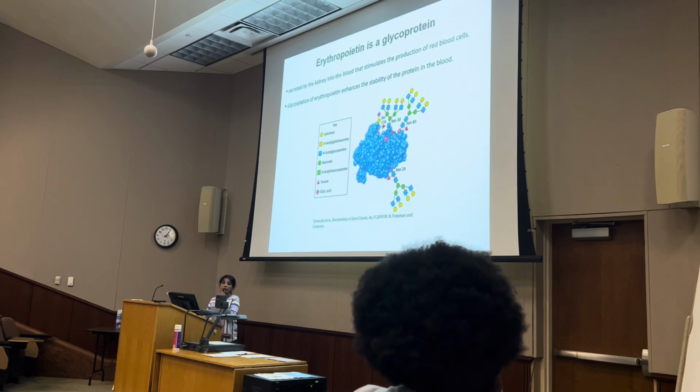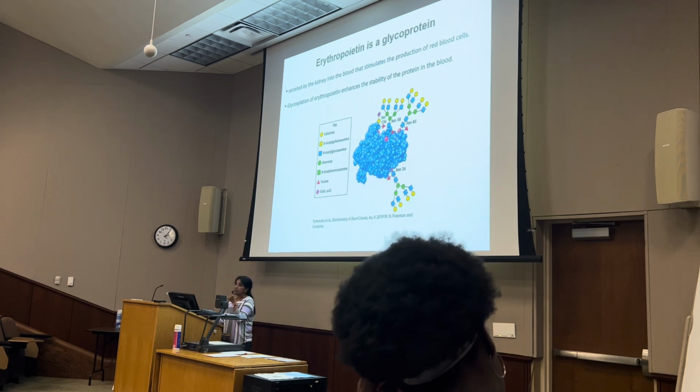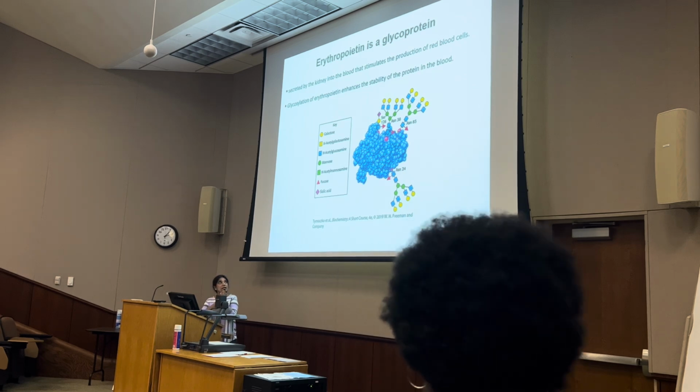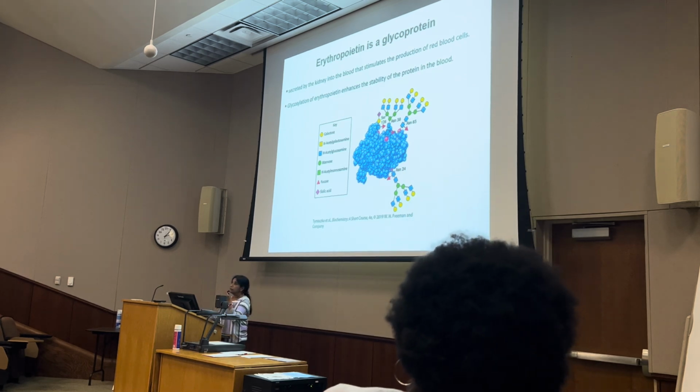Why is it different? Why can't we make it the same? Because it's not stable this way outside. So they make it so that the structure is similar, but it's not identical, because the glycosylation patterns are different when you actually synthesize it. So they can detect whether it is a normal erythropoietin or one that has been taken.